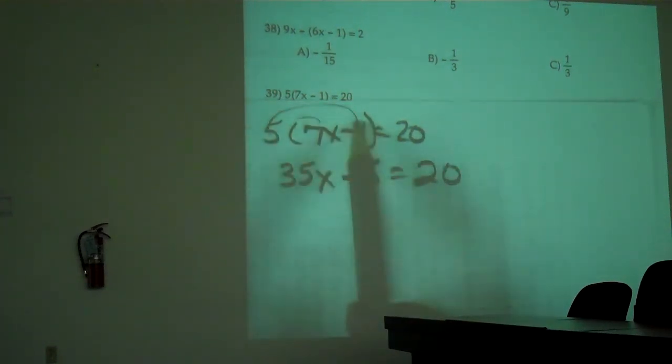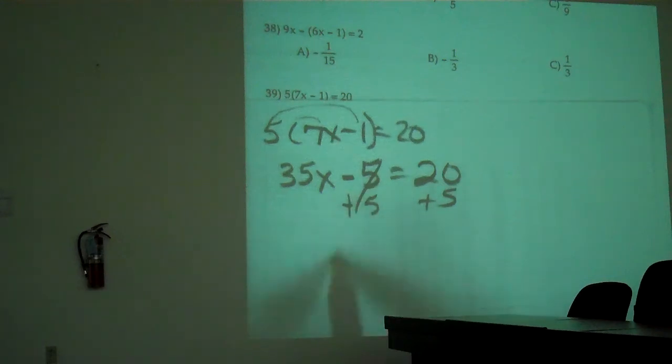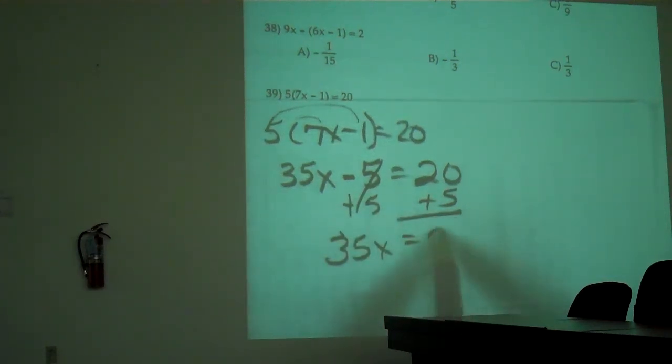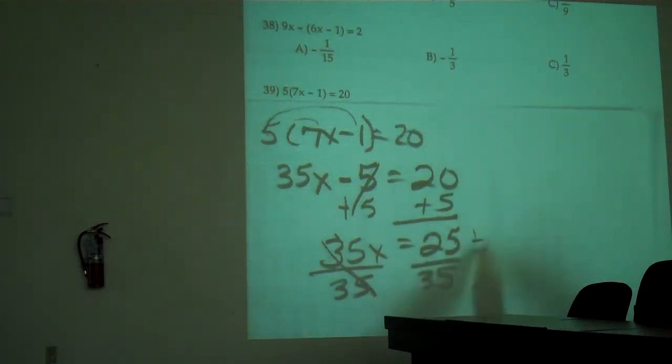You're multiplying 5 times 1. And what do we do next? Add 5. 35x equals 25. So divide by 35. And that can reduce, right? Divide by 5. It's 5 over 7.